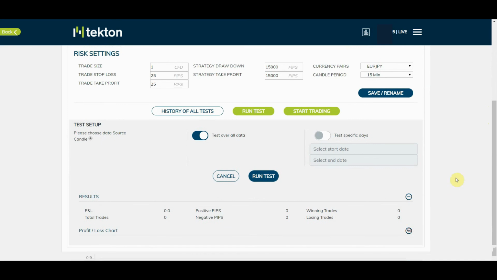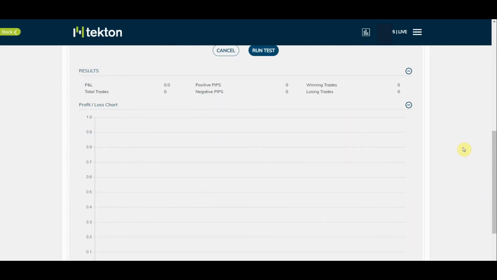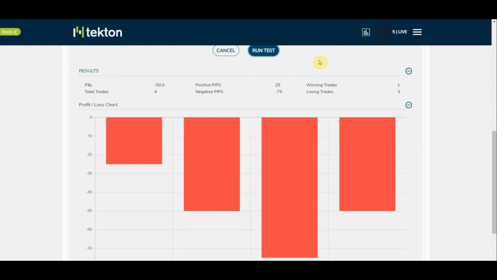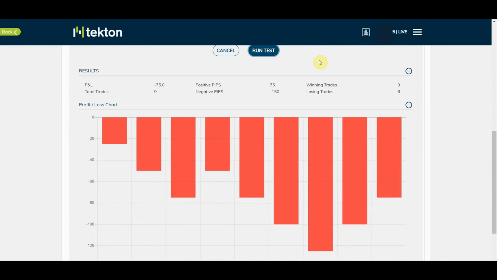And there's a reason I'm doing it like this. The reason is because I want to see how the strategy performs at a one-to-one reward to risk, and how close to a 50% success rate I can get.